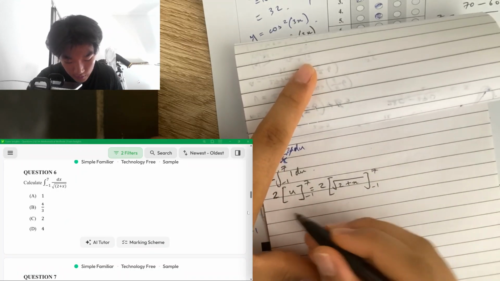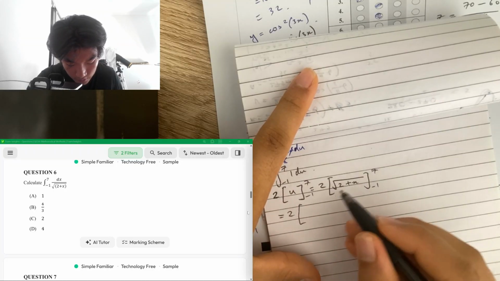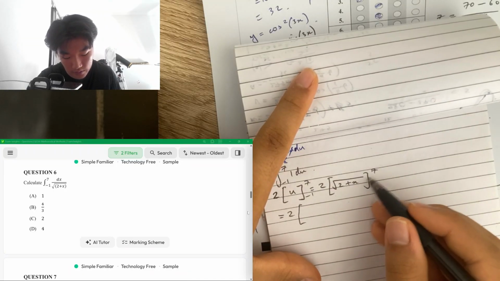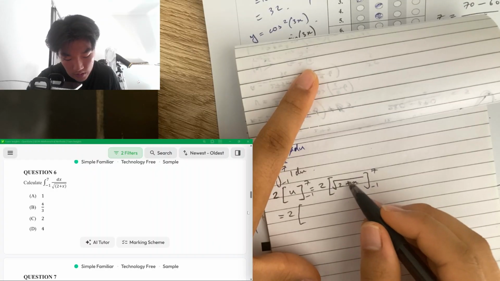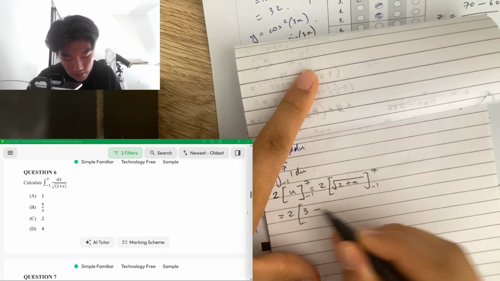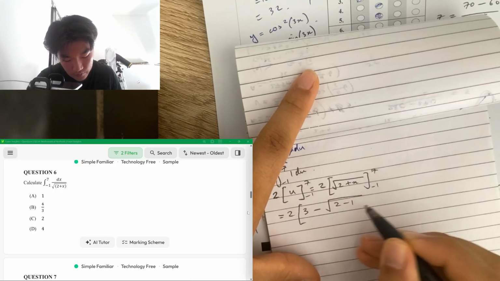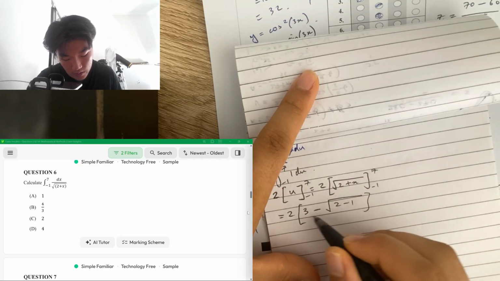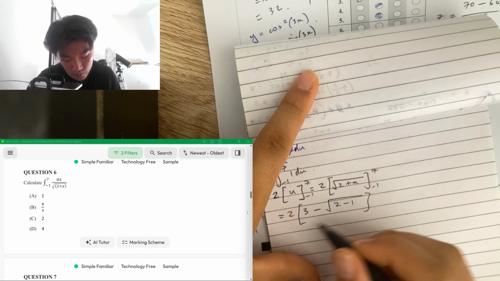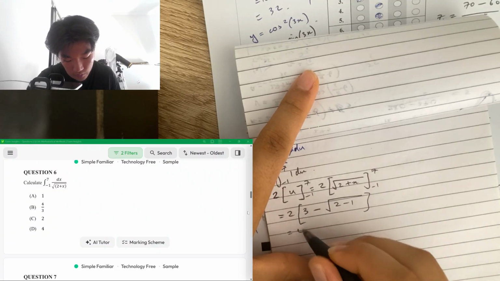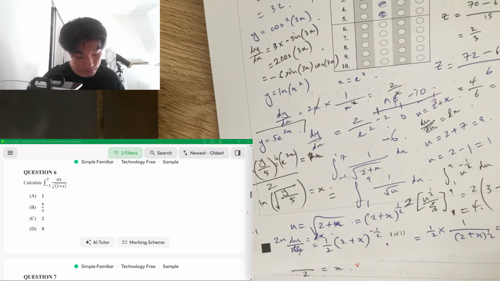We factored out 2, and here we sub in the values for x because these bounds are in terms of x. So 2 plus 7 is 9, square root of 9 is 3, minus square root of 2 minus 1, which is 1. So 3 minus 1 is 2, and then 2 times 2 is 4, which I believe is the value we got.